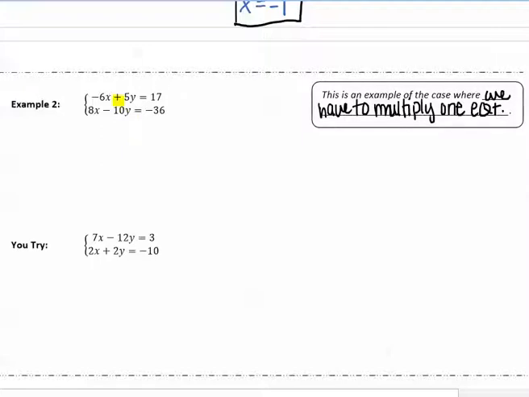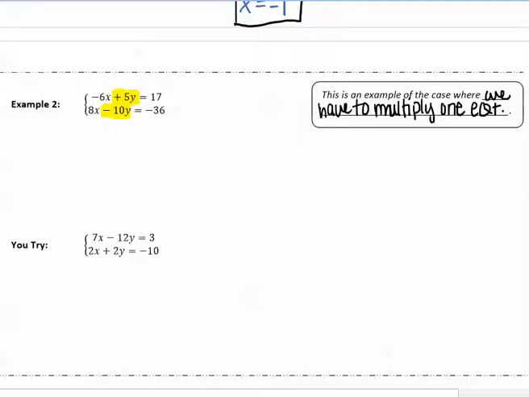If you look at the y's here, we have a plus 5y and a negative 10y. Think of it sort of in the way you think of common denominators. Actually, it's going to be a lowest common multiple is essentially what we're using. And the lowest common multiple of 5 and 10 would be 10.